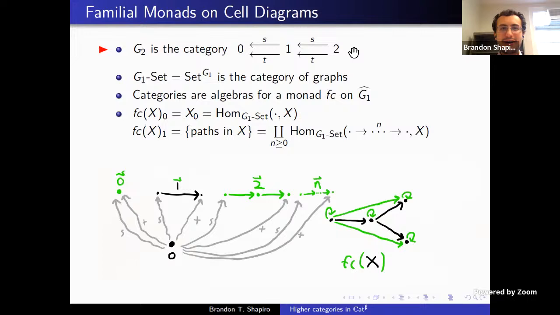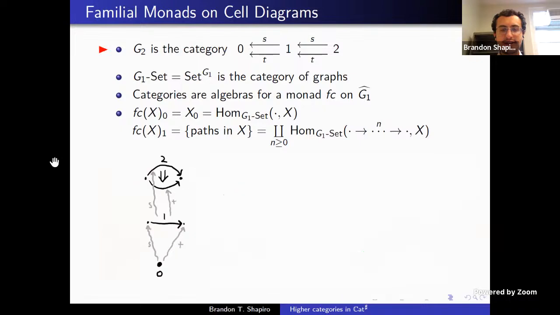So if we upgrade this category G1 to G2 by adding in another object, which is going to represent our two-dimensional cell, it also has a source and target that are one cells. So that looks kind of like this. We've got the two cell, it's got a source and target that are one cells, and the relations in this category come from the fact that it only has these two vertex spaces as well.